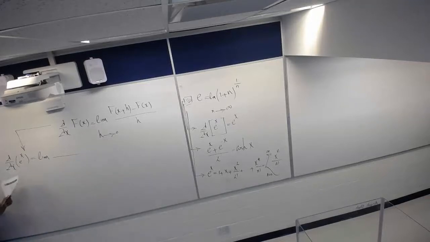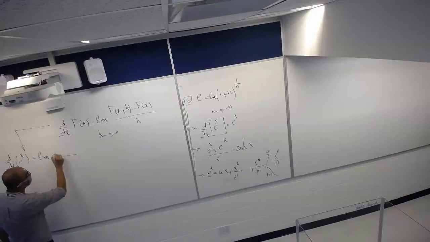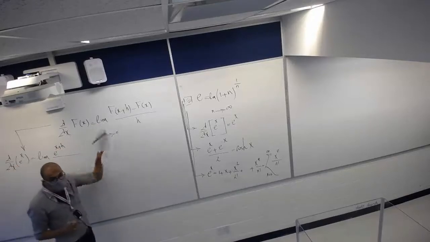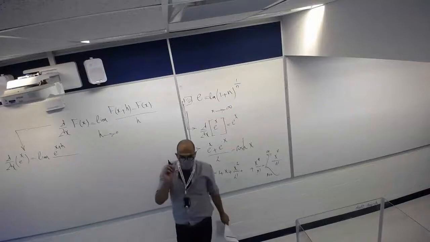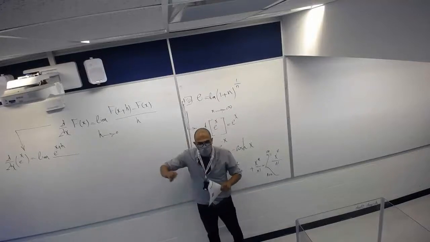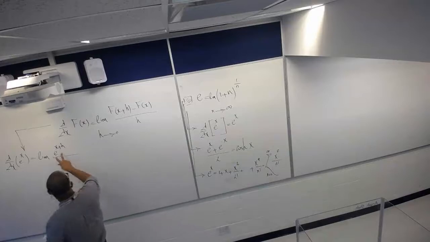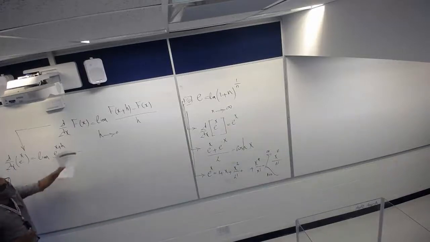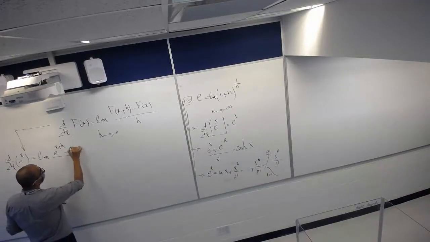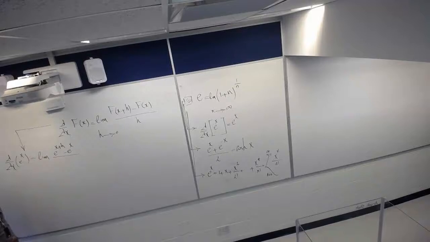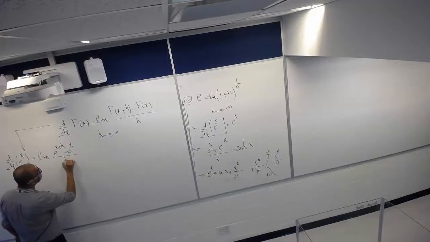F of x is e to the power of x, then it becomes e to the power of x plus h. It means that wherever I see x in the function, I take it away and plug in x plus h. As a result, this is going to be the first term, minus f of x, which is e to the power of x, over h.